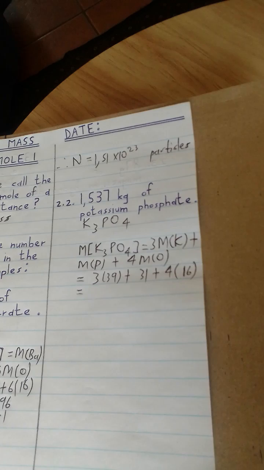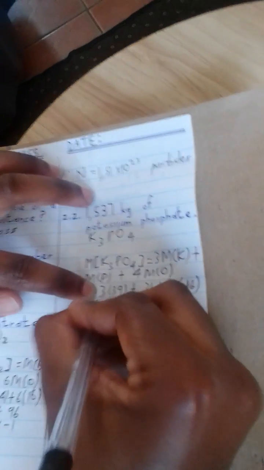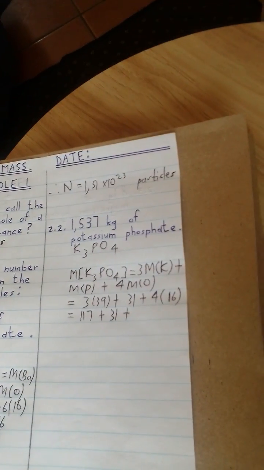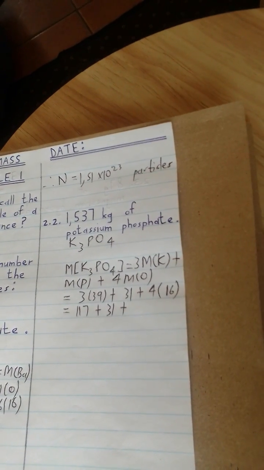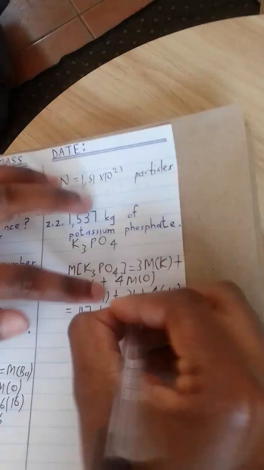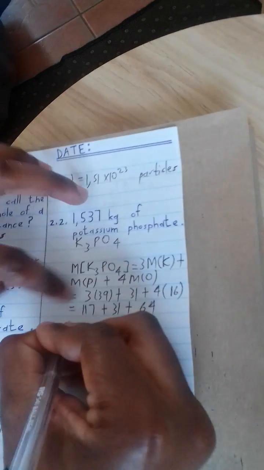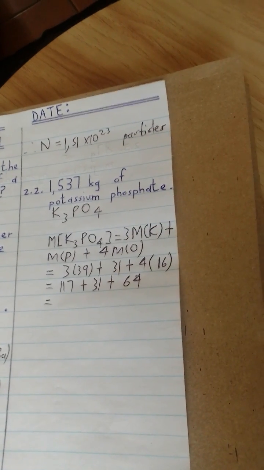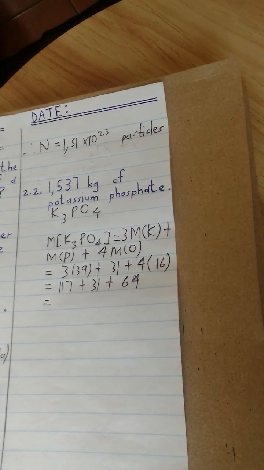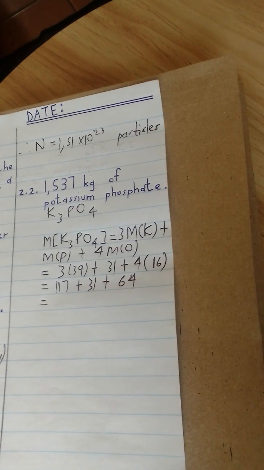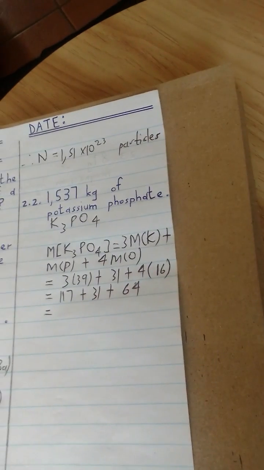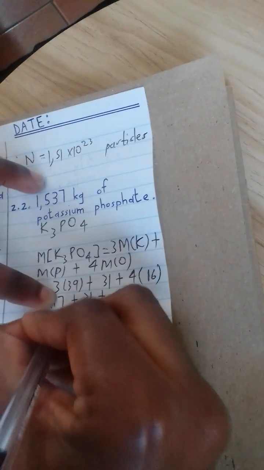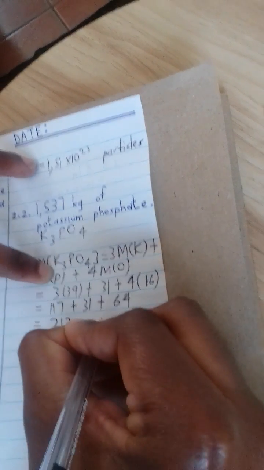Three times 39 is 117, plus 31, plus 4 times 16 is 64. So the molar mass of potassium phosphate is 117 plus 31 plus 64. It's 212 grams per mole.